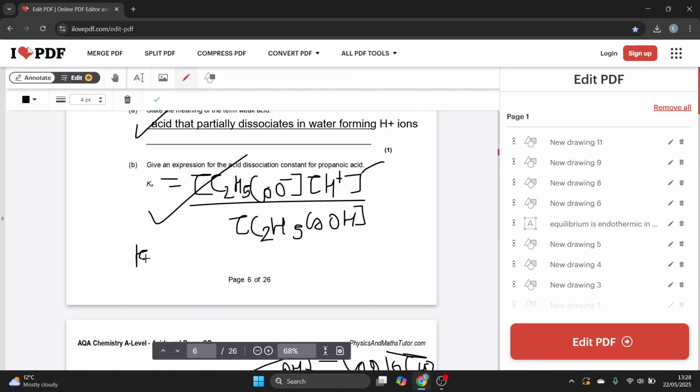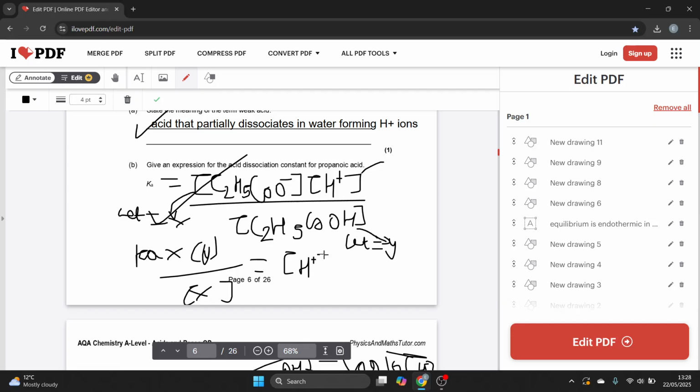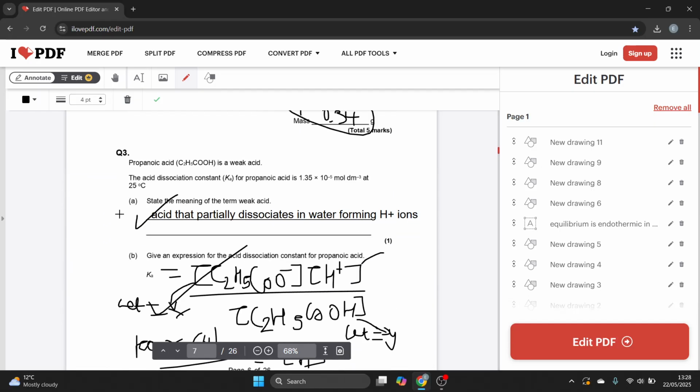So I'm going to say Ka times by this whole thing. I'm going to let this equal Y, just to make my life a bit easier. I don't know if you can do that in the exam, but I'm going to do that. Let this equal X, and that equals the concentration of H plus. Do I know any of these things? Do I know Ka?